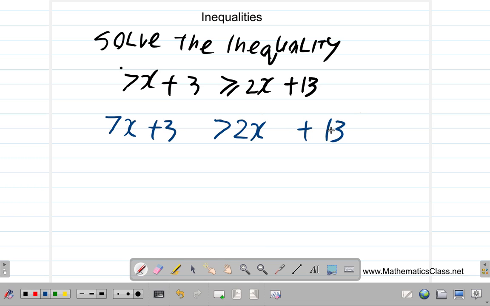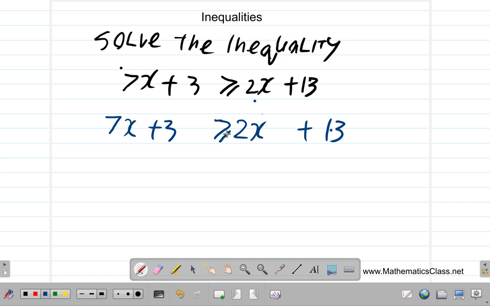Alright. Now, what I want is the x's together on the left, and I want the numbers together on the right. So that's how I want it.